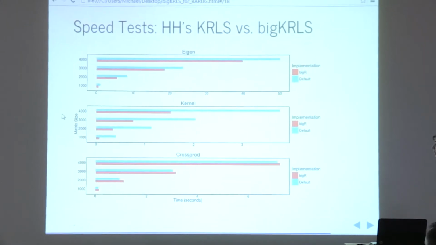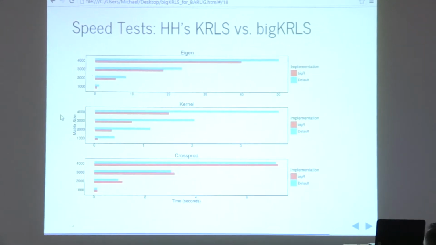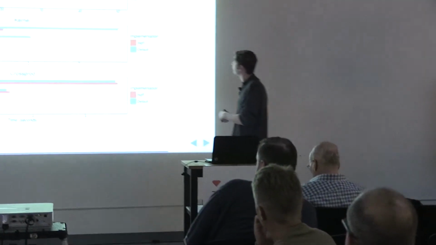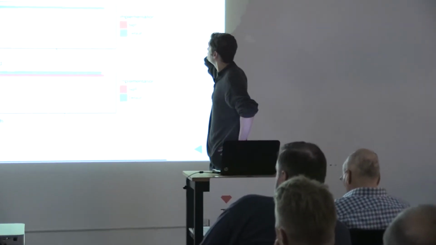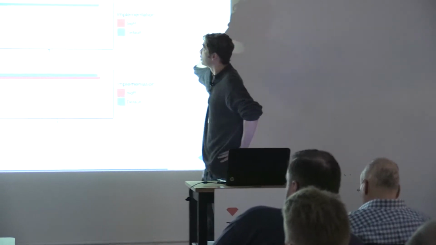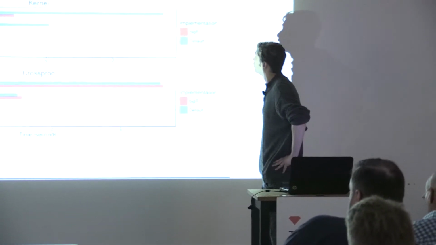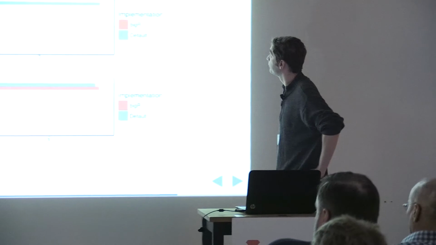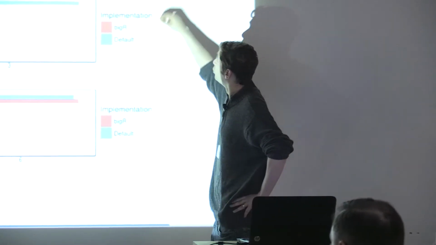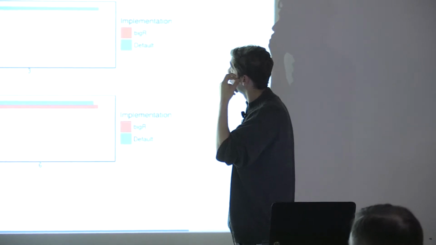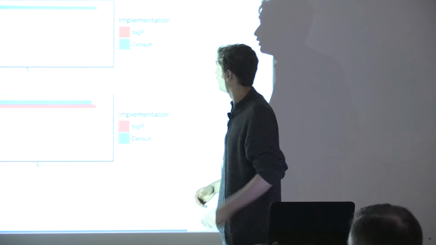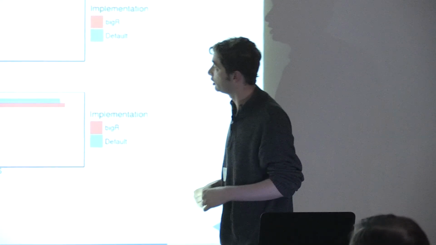We have a few speed tests, and then we're about out of time, I'm sure. We've done two rounds. This is comparing the initial algorithm that Heimerl and Hazlett wrote to what we've written. We're in red, and the other one's in blue. This is the average of 100 simulations.